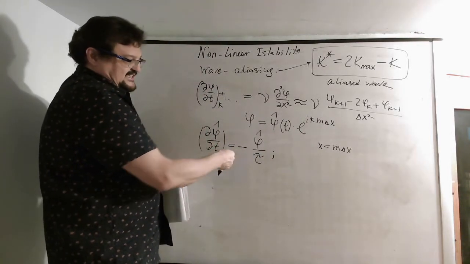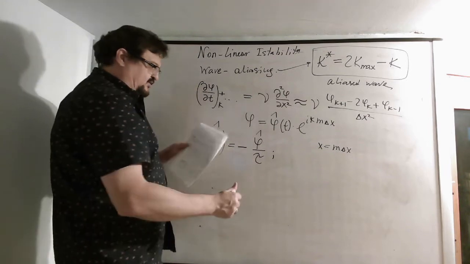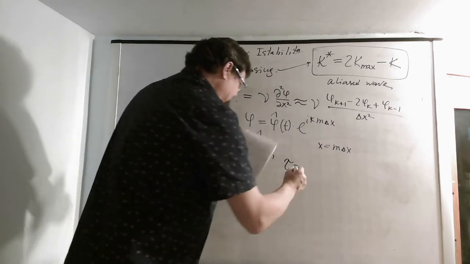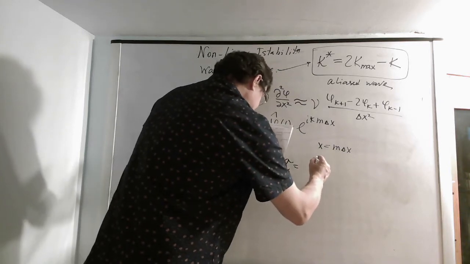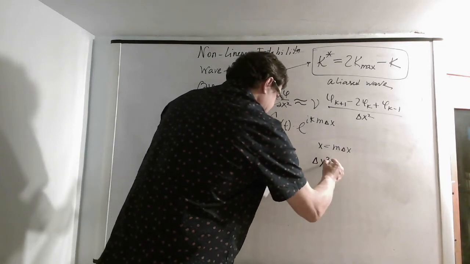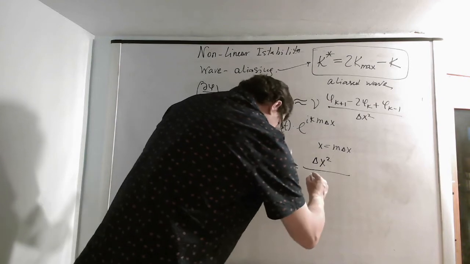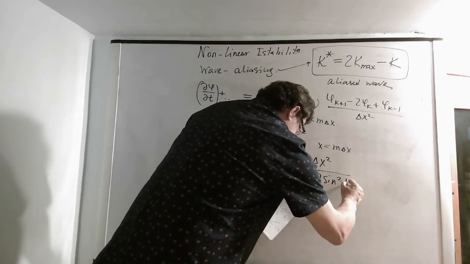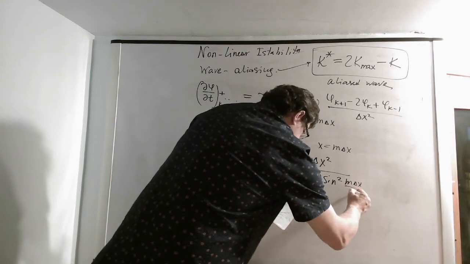It's exponential decay with time scale tau, and this time scale tau apparently equals delta x squared divided by 4 nu sine squared of m delta x divided by 2.